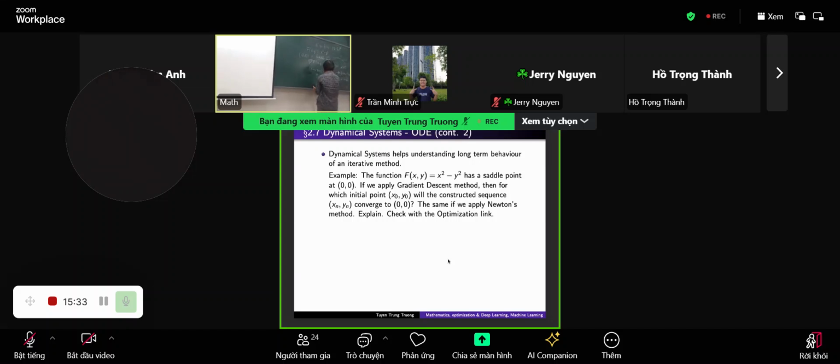Which you can write as x_n times (1 minus 2 alpha), and y_n times (1 plus 2 alpha). Hopefully you can see this if you are on Zoom. So now you start from (x0, y0) and apply this again. By induction, you see that x_n is x0 times (1 minus 2 alpha) to the power n, and y_n is y0 times (1 plus 2 alpha) to the power n.